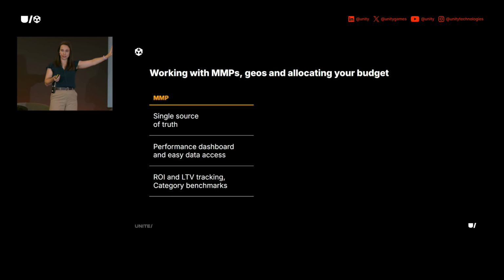It's a third party that measures all your user acquisition across all the channels that you run with. And why do you need that? Because you want to know independently which impression brought which install. Maybe also installs come in organically, right? Ideally they do. And how does it all perform, right? What is a good user? What is a less good user? So that's what an MMP allows you to do.